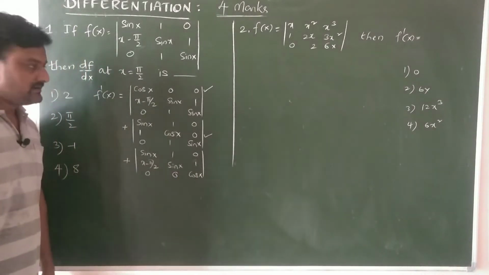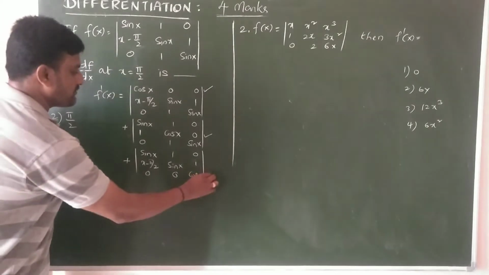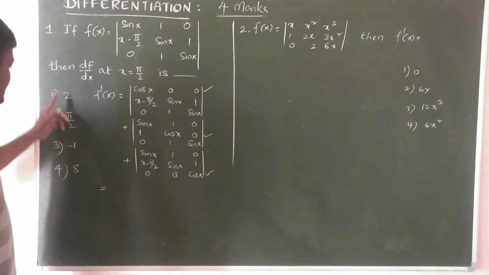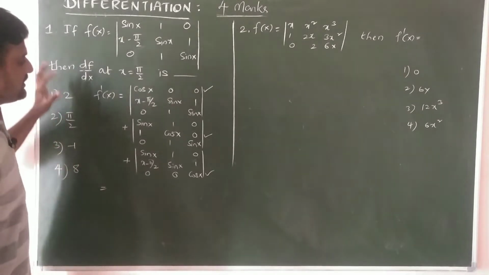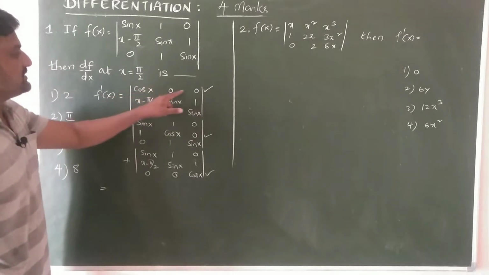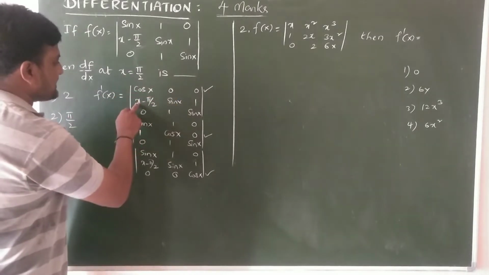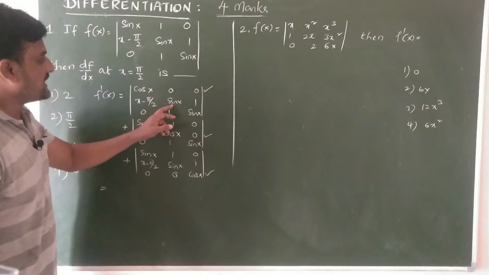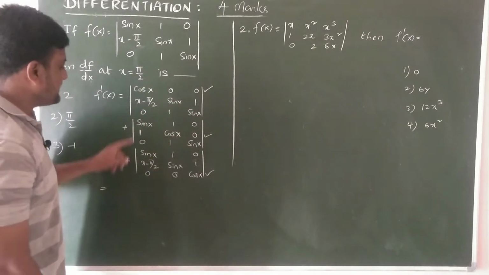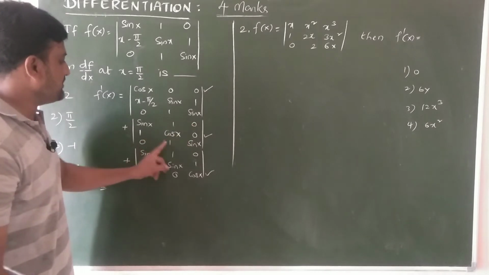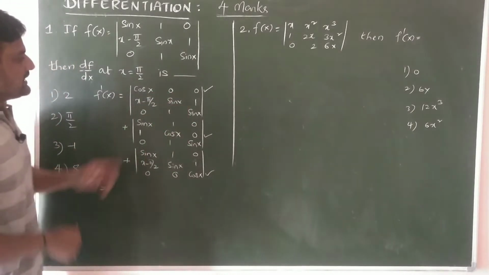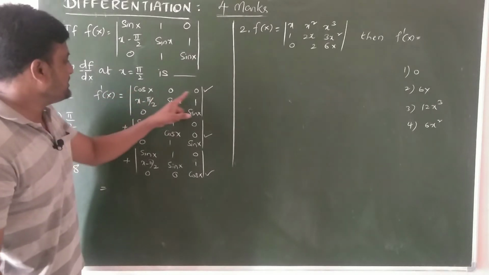Now let us simplify. We need these options. Let us observe here: cos x, 0, 0; x minus pi by 2, sin x, 1; 0, 1, sin x; and sin x, 1, 0; 0, 1, sin x. Observe here, cos x, 0, 0 here.